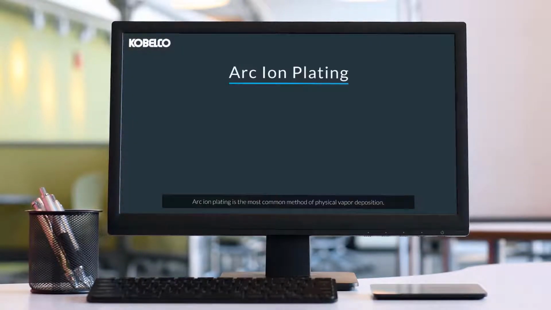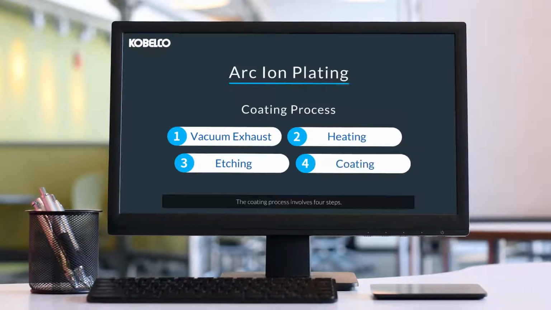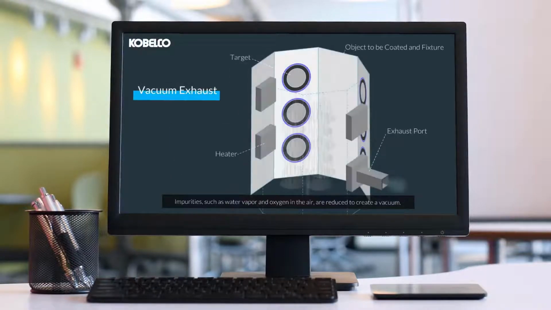Arc ion plating is the most common method of physical vapor deposition. The coating process involves 4 steps. Impurities such as water vapor and oxygen in the air are reduced to create a vacuum.